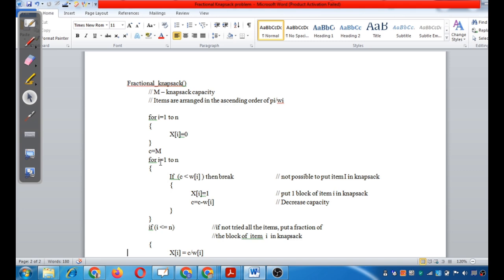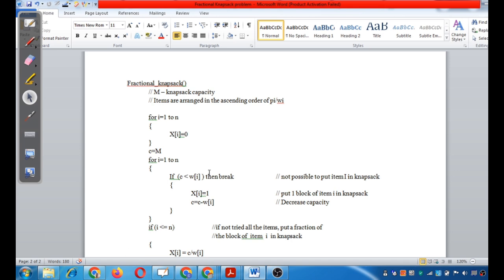Then we try to pick the items i equal to 1 to n. If the remaining capacity of the knapsack is less than the weight of the item to be picked, we have to drop the attempt.